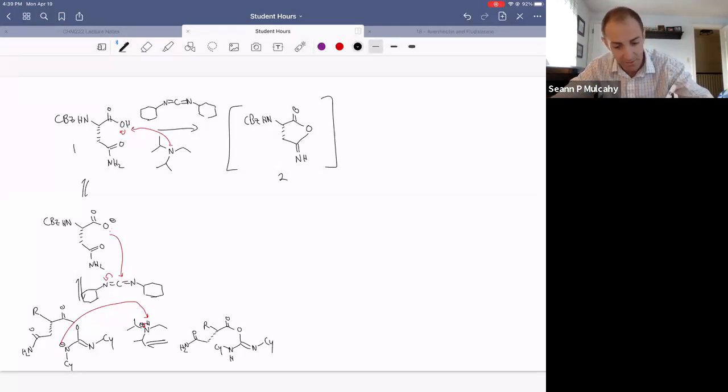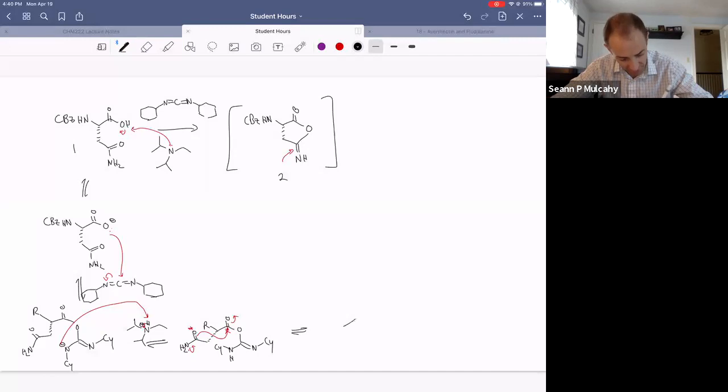I would have to connect this oxygen atom with that carbonyl, and I need to form a double-bonded nitrogen in the first place. So why don't I take my nitrogen lone pairs, move those down, take the electrons from the carbon-oxygen double bond, attack the carbonyl, form a tetrahedral intermediate.